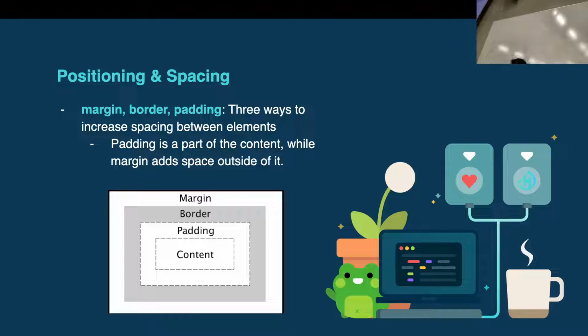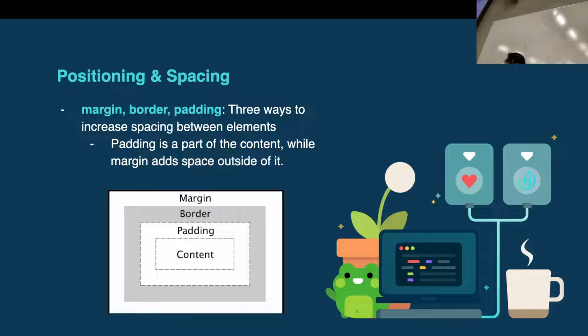Now there are 3 boxes that surround that text that are invisible to you when you just use a default H1 tag. There's first of all something called padding. Padding is the closest thing to the content, and it actually inherits some of its properties. So if you apply a background color to your H1 text, it'll go directly to the padding itself.